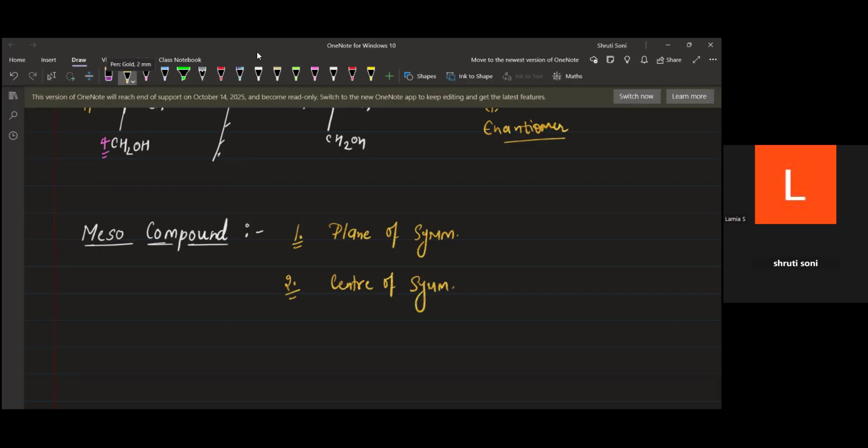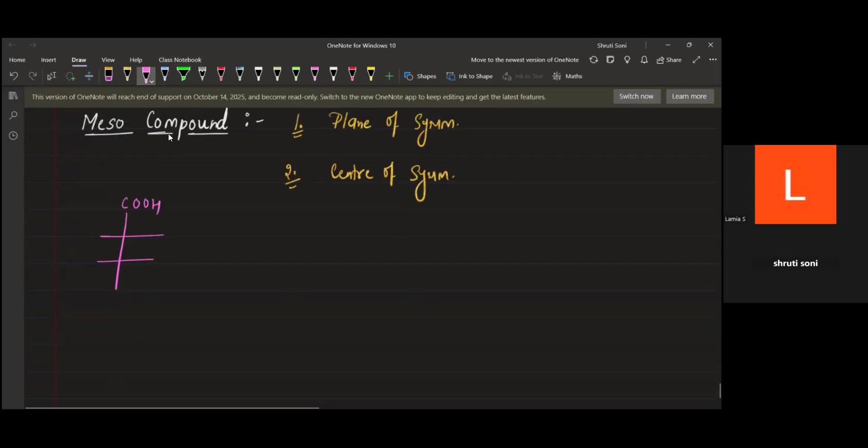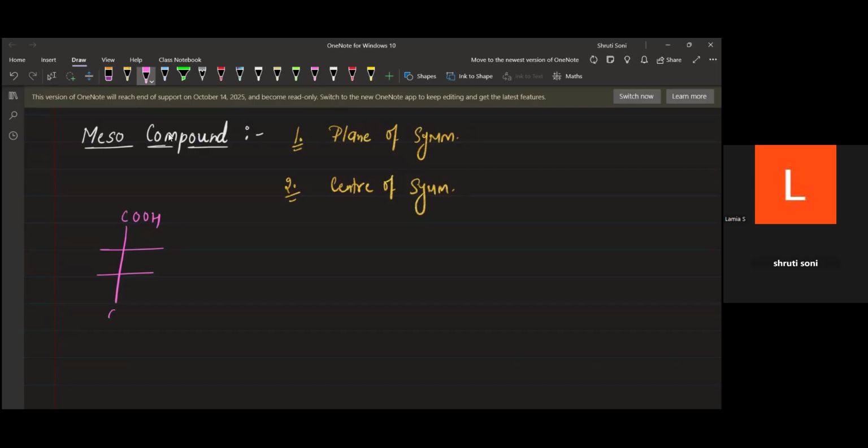Let's suppose I have an example. And one more thing: this compound also has chirality.